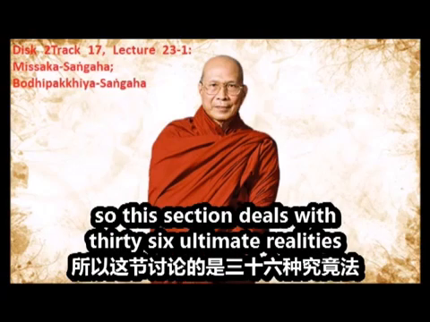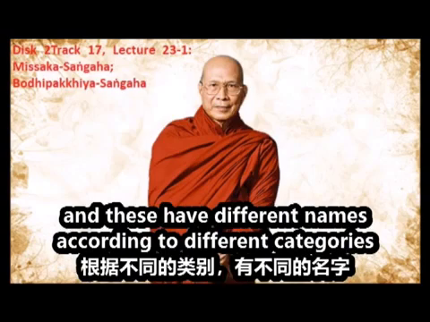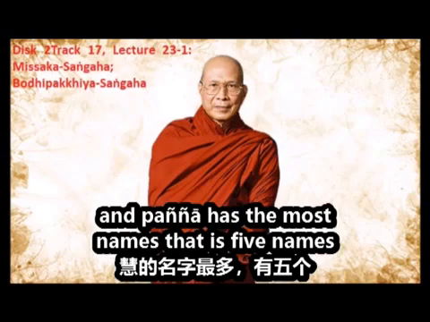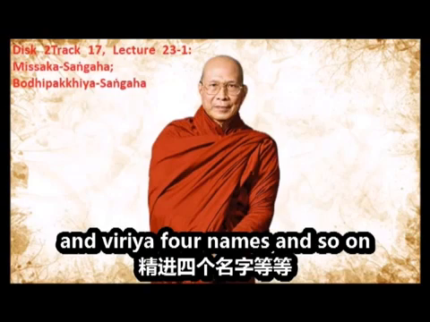So this section deals with 36 ultimate realities, and these have different names according to different categories, and Panya has the most names, that is 5 names, and Viriya 4 names, and so on.